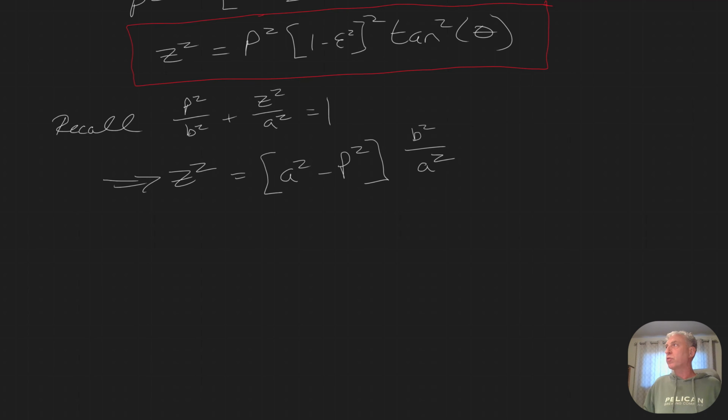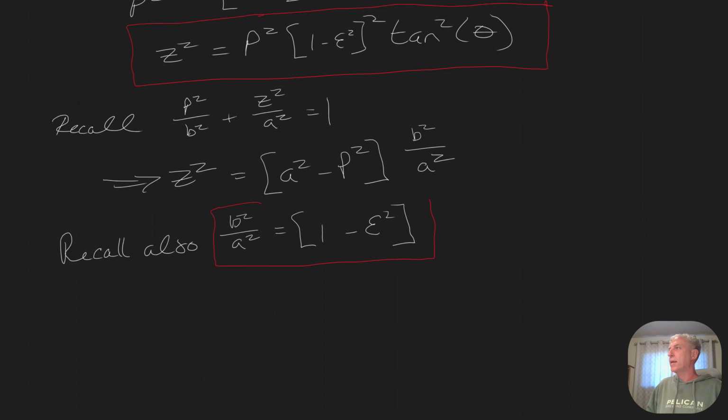Now recall also that b squared over a squared is equal to 1 minus epsilon squared. We derived that earlier, so we're going to use that relationship.